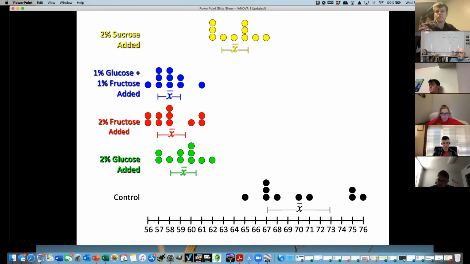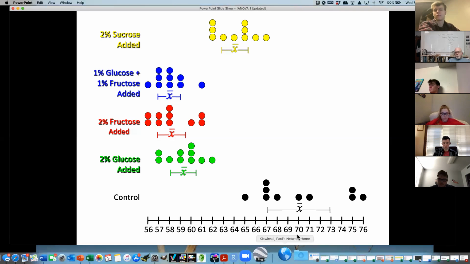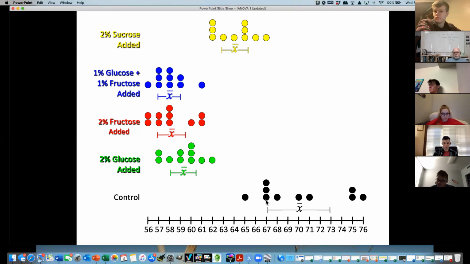Can you repeat the question, please? Now that we know what the 95% confidence interval of the mean is for each of these different treatments, can you make some educated guesses as to which means are different from one another and which means are not different from one another? Yeah, the control is going to be different than the other 3 or 4.